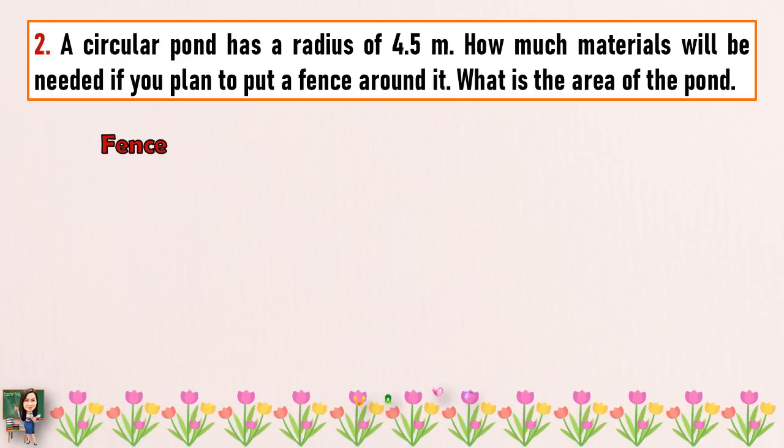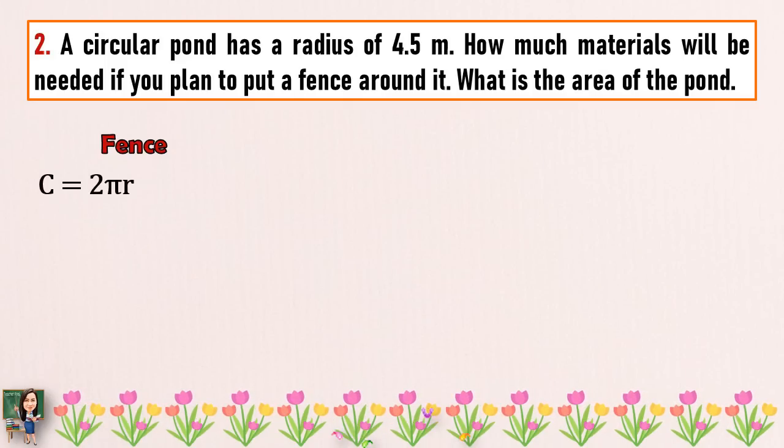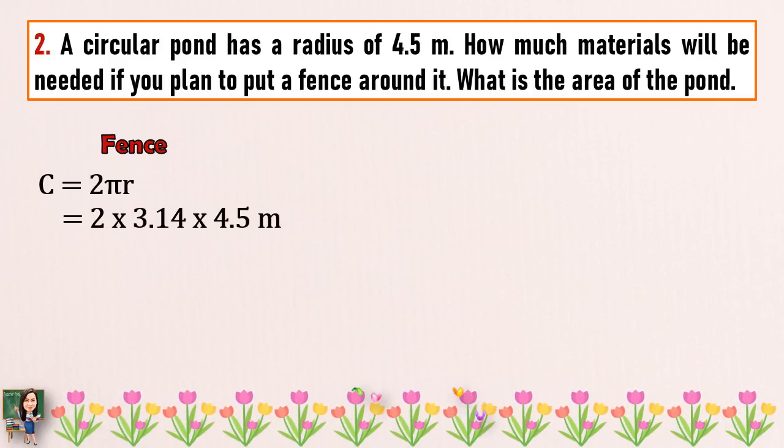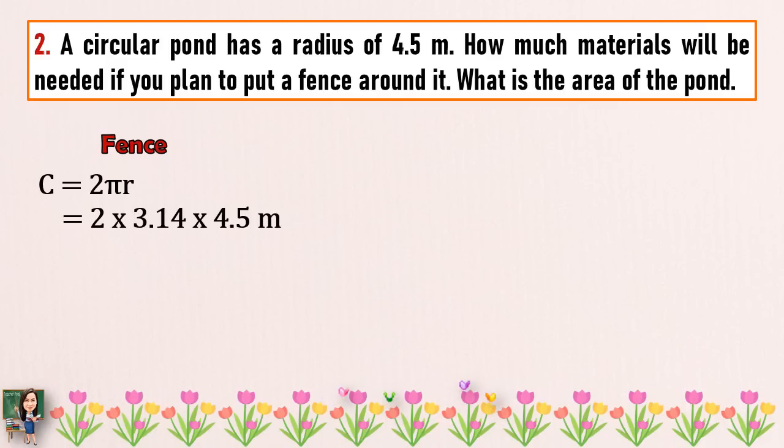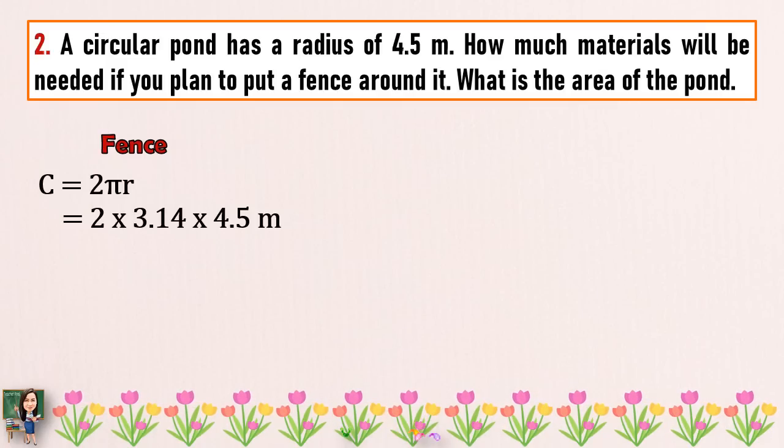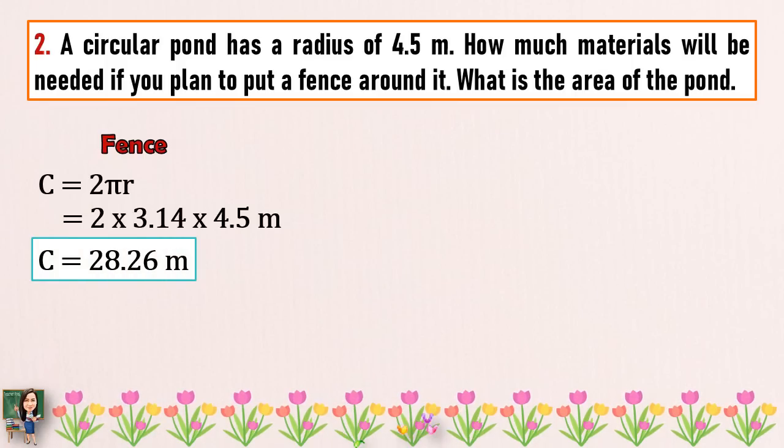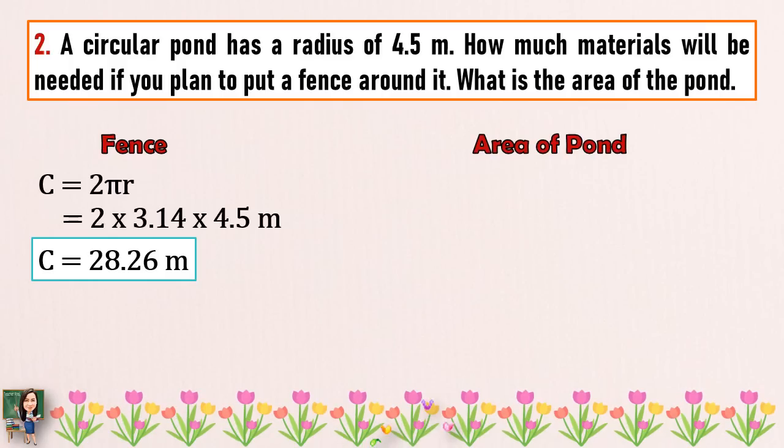The fence circumference equals 2 pi r, or 2 times pi, 3.14, times the radius, 4.5 meters. So the circumference of the fence is 28.26 meters. Area of pond.